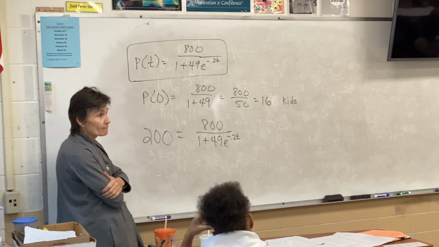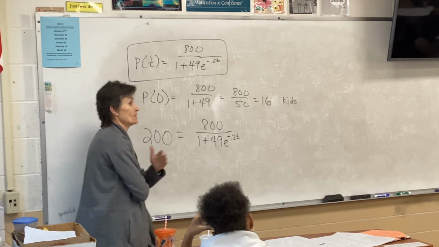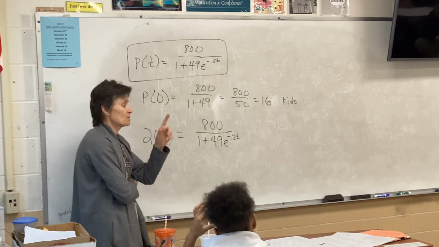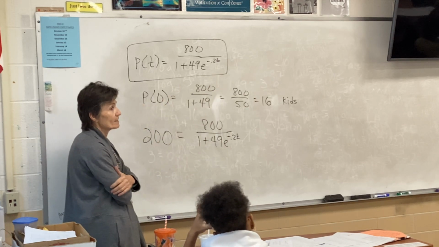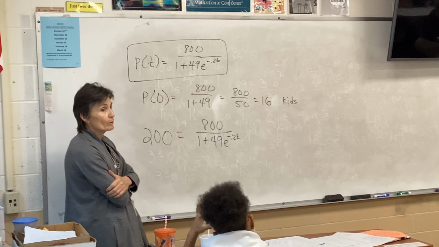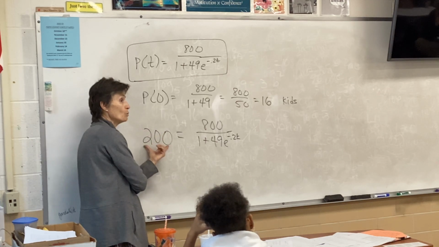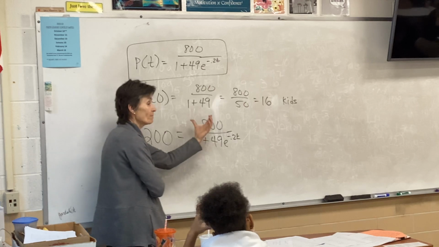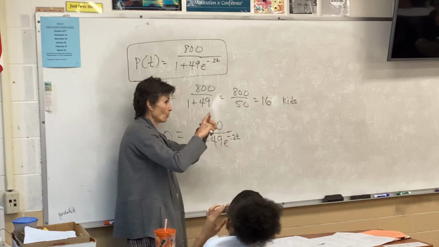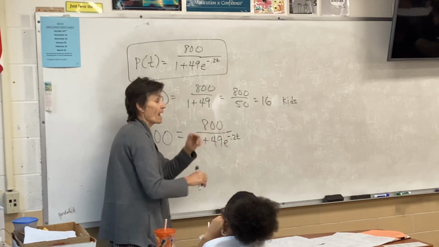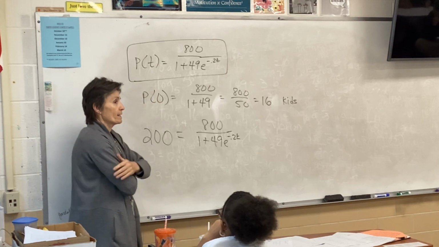Dan? Can we graph it? Oh, absolutely. I mean, we're going to do it algebraically, but you're right. You could graph this on our calculator, graph 200, graph this mess, and look where they cross. That would absolutely work. We're going to do this algebraically, though.